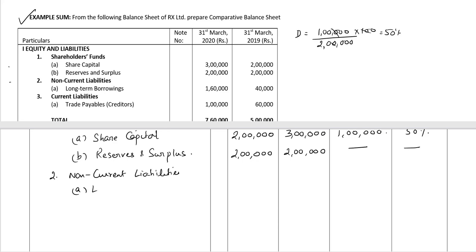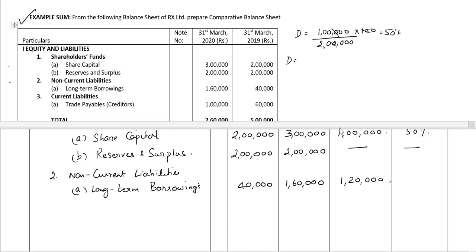Under that, A is long-term borrowings. 40,000, 1,60,000. Difference 1,20,000. And the answer for column D is 1,20,000 divided by 40,000 multiplied by 100. We have 300%.